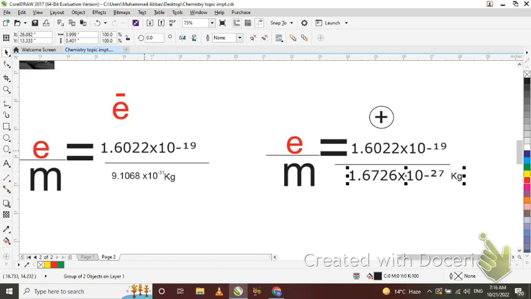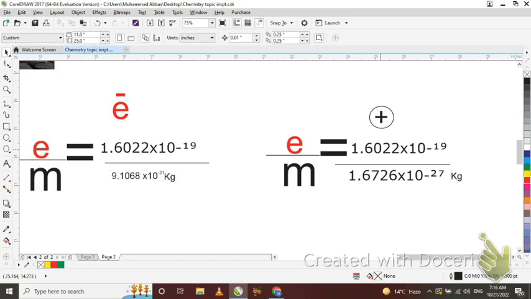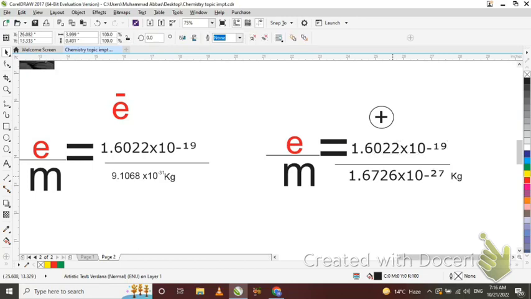So when we divide this figure by a smaller number, we will get higher value. But when we divide the same number by a greater number, we will get small values. This is the reason that charge to mass ratio of electron is greater than charge to mass ratio of proton.